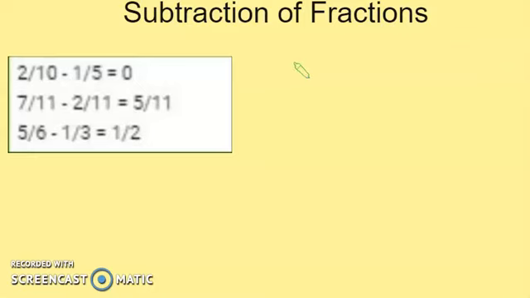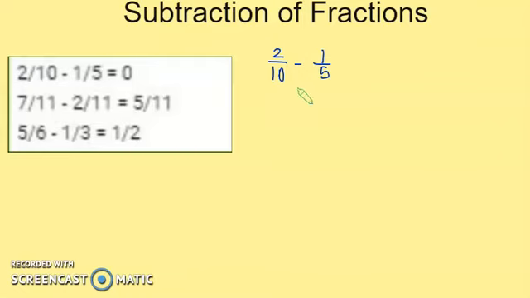So in this video we are going to learn how to subtract fractions. As you can see, the first question is 2 over 10 minus 1 over 5. Now we have to follow the same method that we followed for addition of fractions.